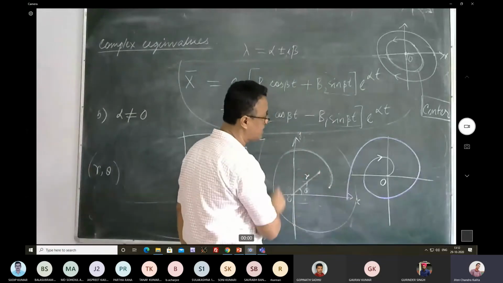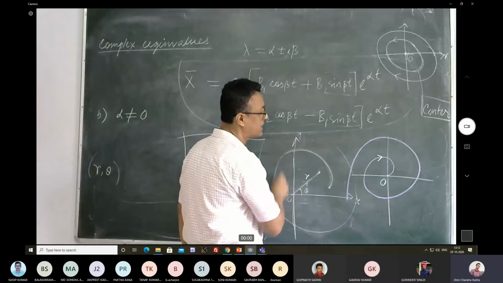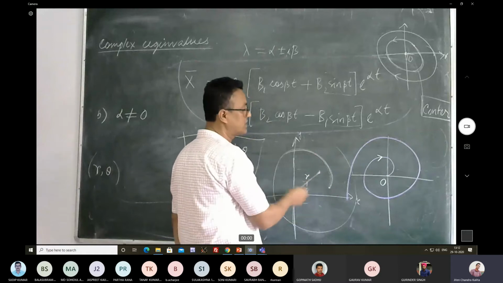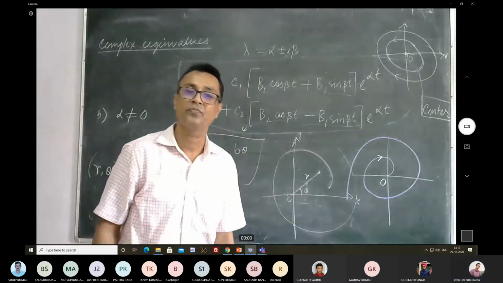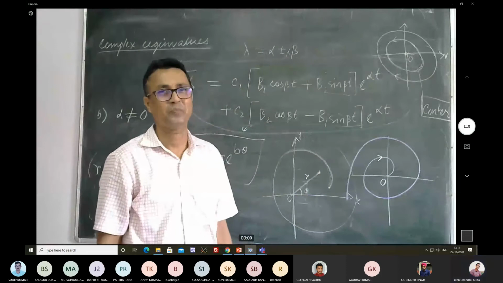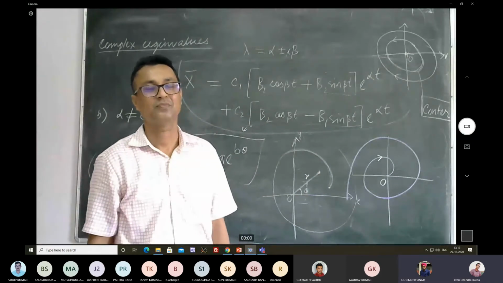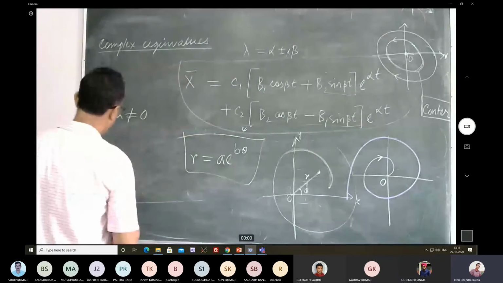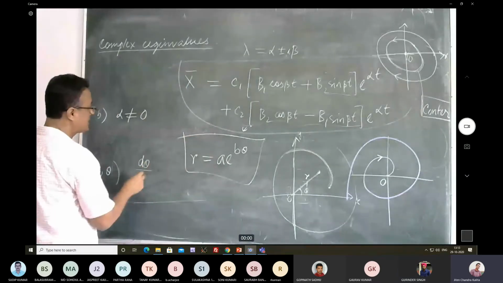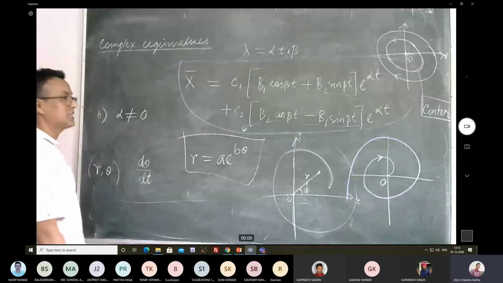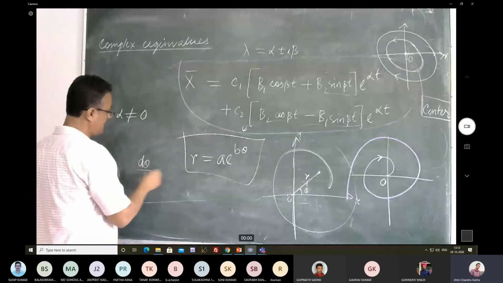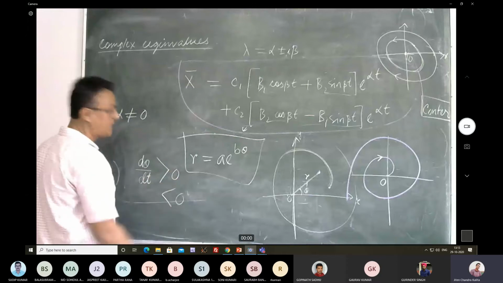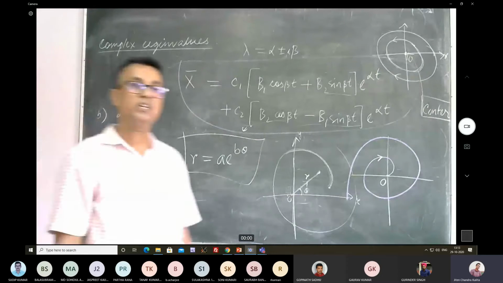And not necessarily increasing; if it is decreasing also, I am going to get a spiral. Does that convince you? Yes, sir. Right? So I want d theta dt to be either strictly greater than 0 or strictly less than 0. I don't want it to be 0.